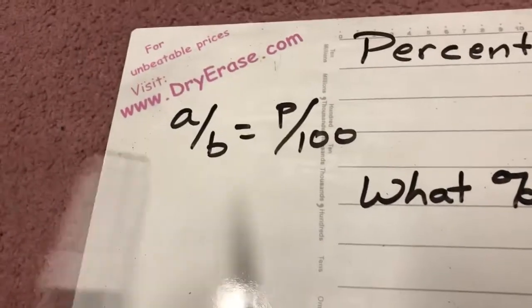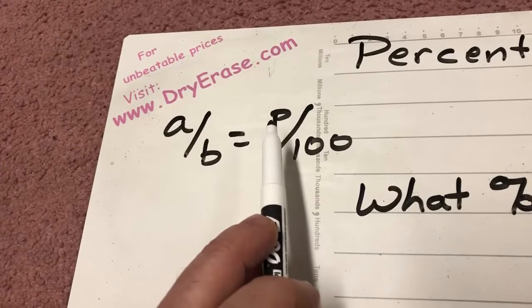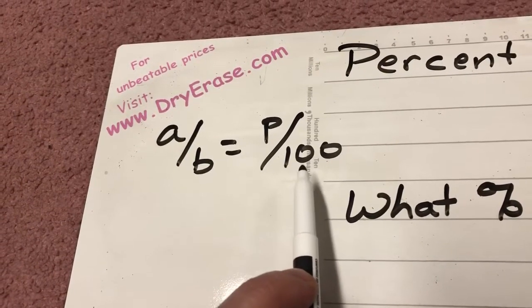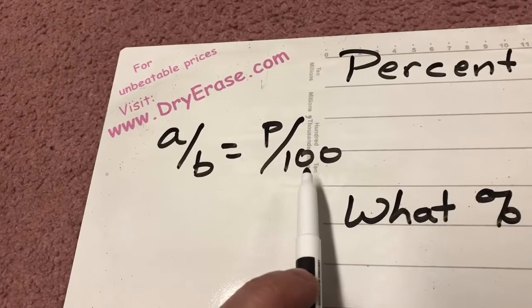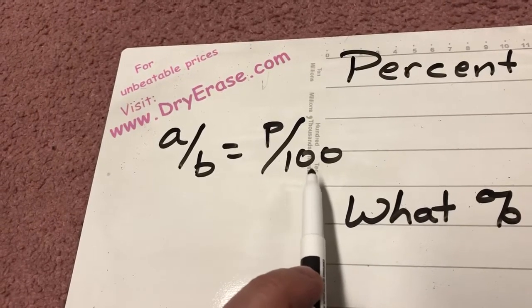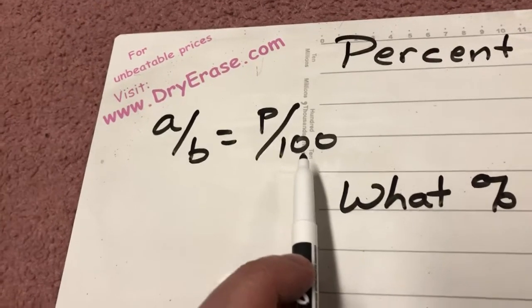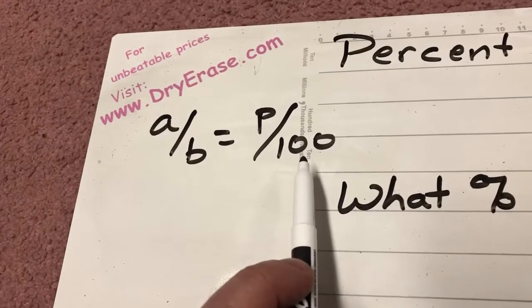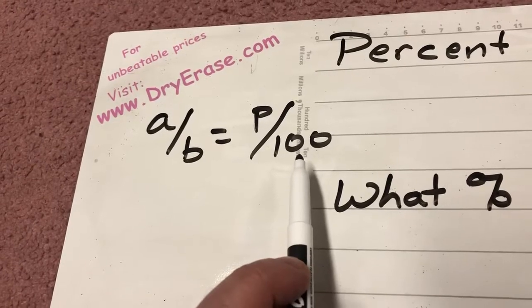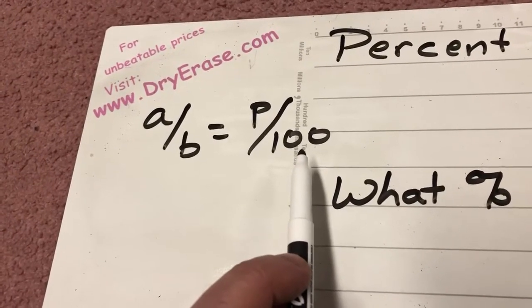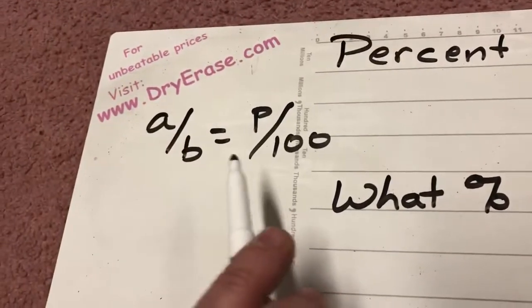P represents our percent. Percent is always based on 100. Whenever we're thinking about percent, we're thinking about it in relation to 100. When we talk about 82%, it means 82 out of 100. It doesn't always mean 82% of 58; it comes up with a number and it forms a proportion.